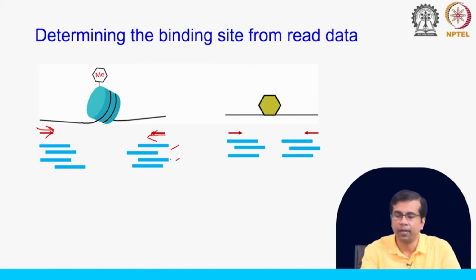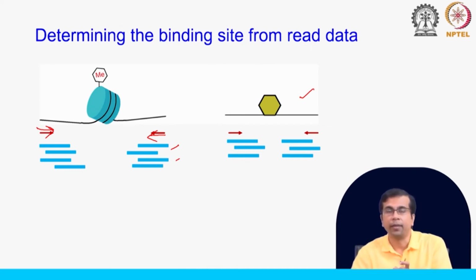Similarly in this case, if you are interested in determining the binding site of this protein, we are left with these reads coming from the ends of this DNA fragment. So the problem is we now have to determine the actual binding site from the distribution of reads. The actual binding site is somewhere in between these paired-end data, between these two sets of reads, but from the distribution of reads we have to infer the binding site.